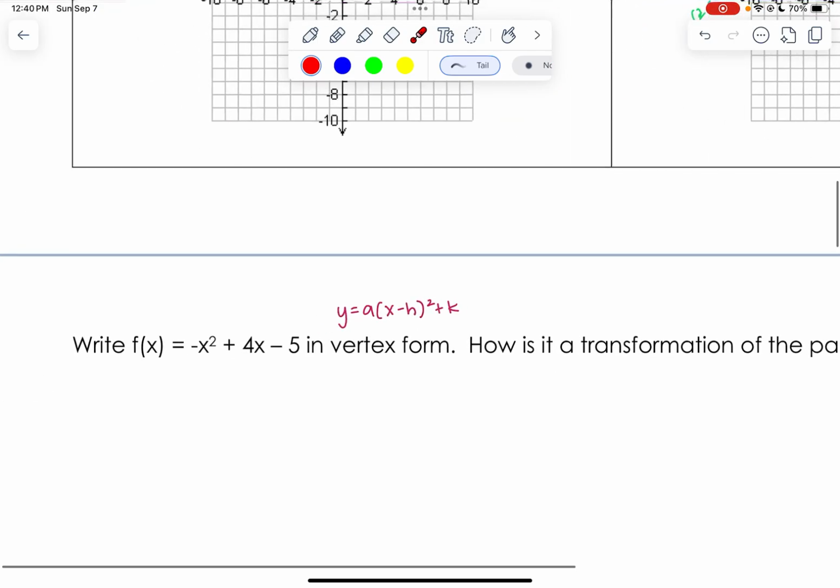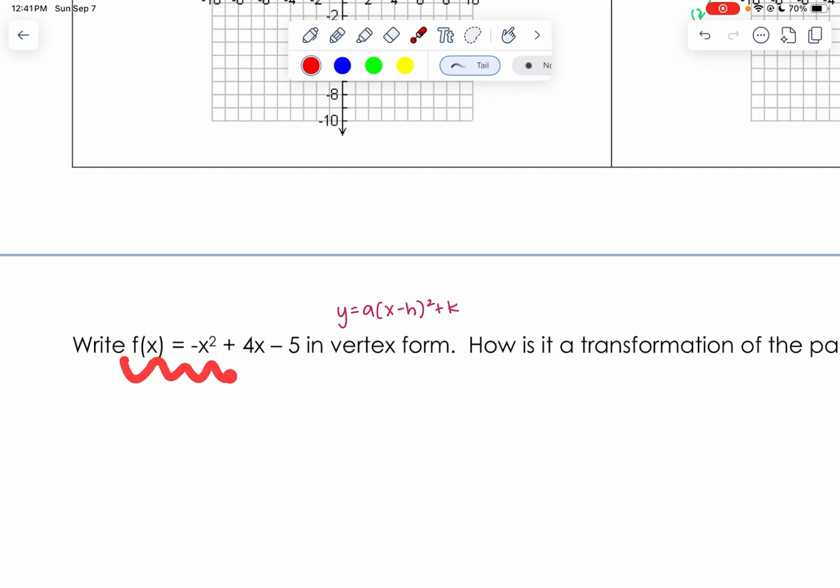If you put it in vertex form, essentially what you're doing is completing the square, right? You're getting it to be something squared plus something else, right? A had to equal 1, so we'll deal with that in a little bit. But if you can complete the square with this, then essentially you've put it in vertex form.